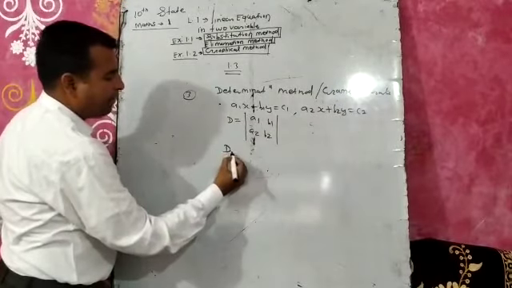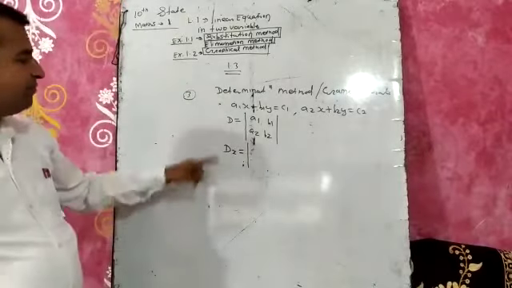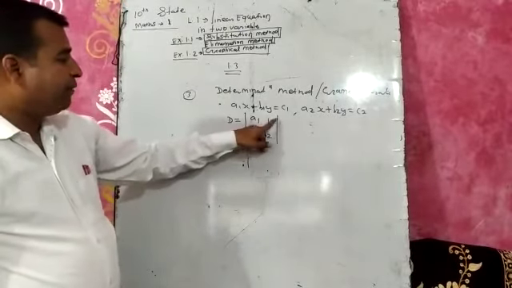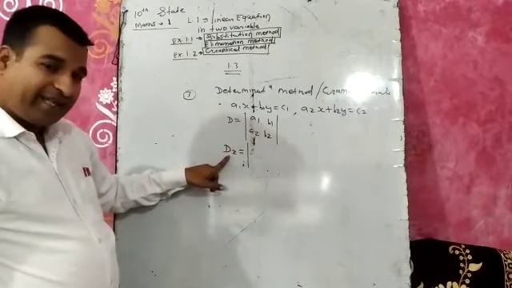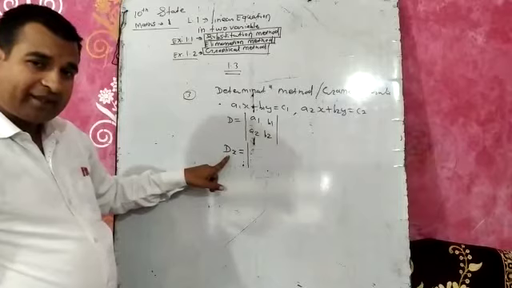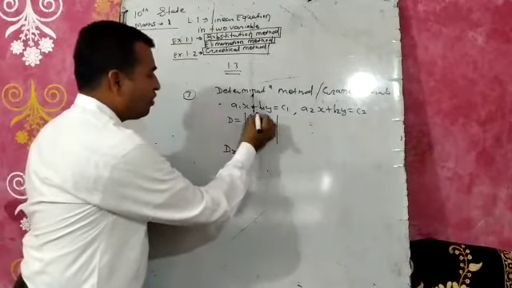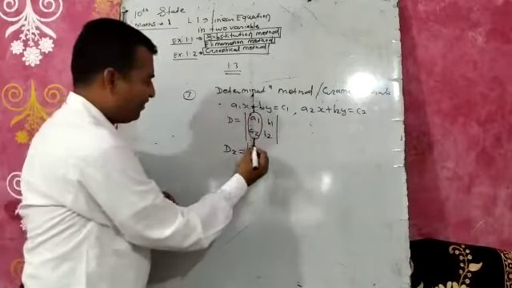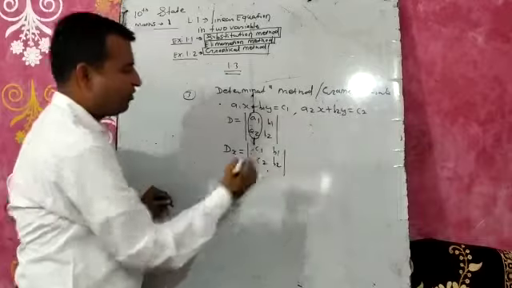Now the second step is to find the value of Dx. In this case, c1 and c2 replace a1, a2. Here c1, c2, b1, b2.